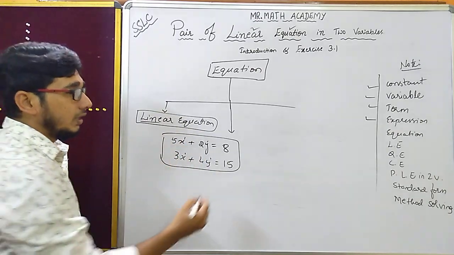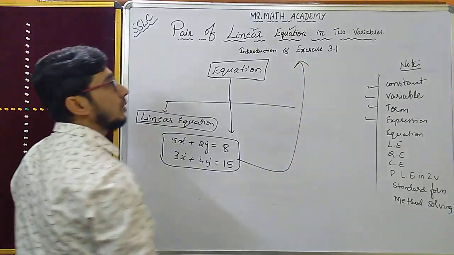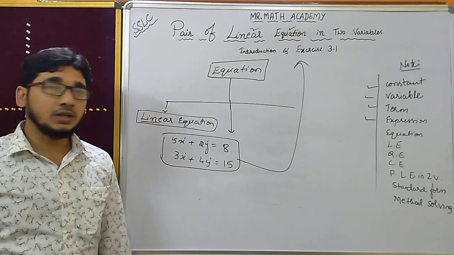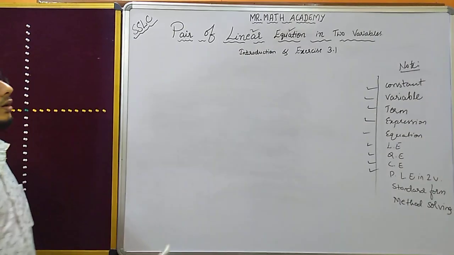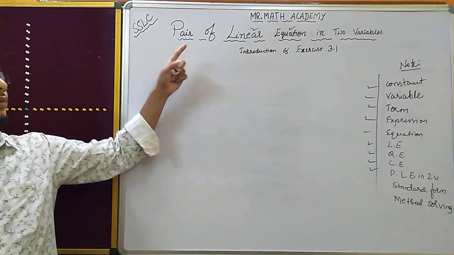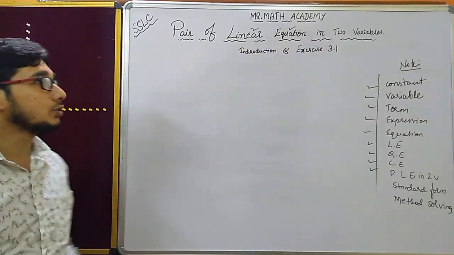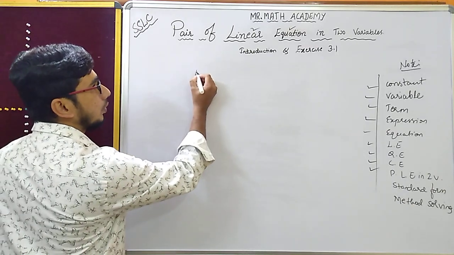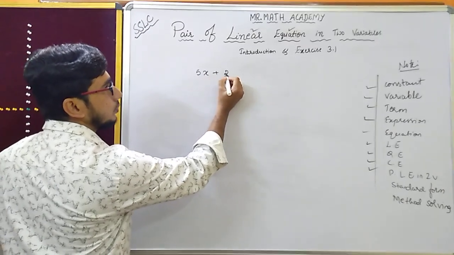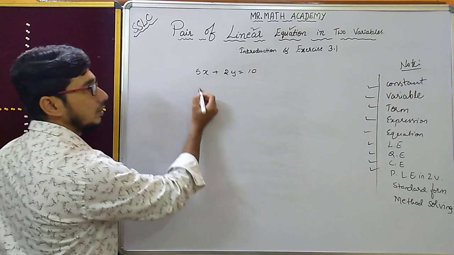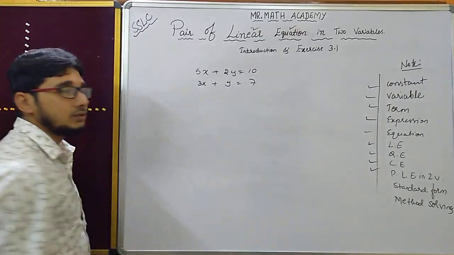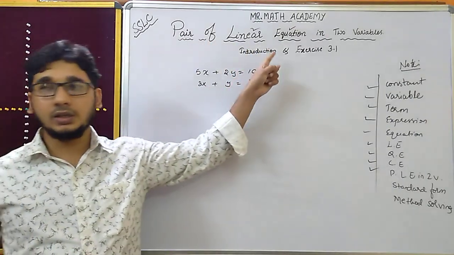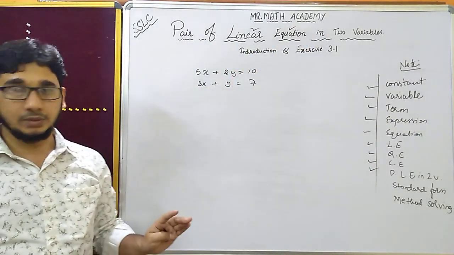Hence we arrived at the chapter name, pair of linear equations in 2 variables. So I'll write 2 equations. 5x plus 2y is equal to 10. 3x plus y is equal to 7. This is a pair of linear equations in 2 variables.